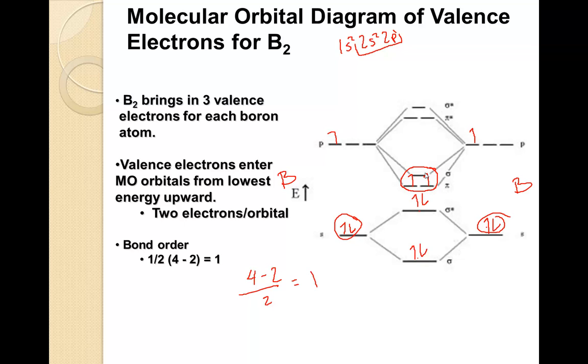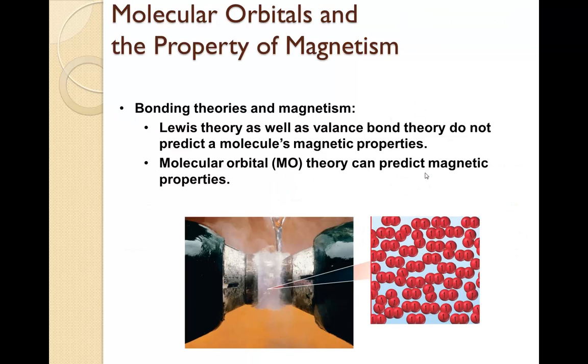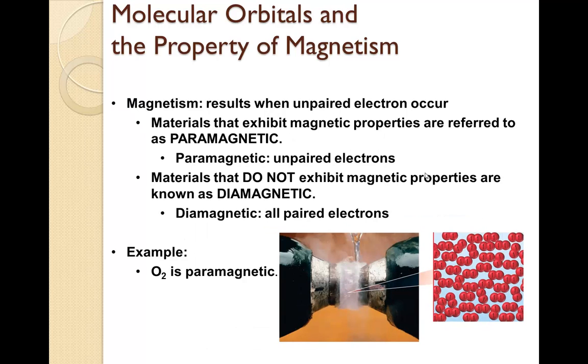Bonding theories and magnetism. Lewis theory, as well as valence bond theory, do not predict the molecule's magnetic properties. Molecular orbital theory can predict the magnetic properties. Magnetism results when unpaired electrons occur, like the boron we just saw. Materials that exhibit magnetic properties are referred to as paramagnetic.